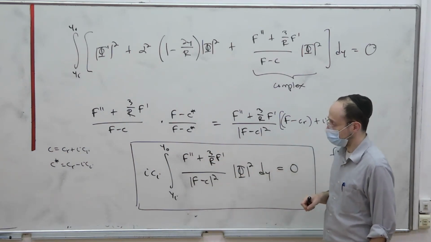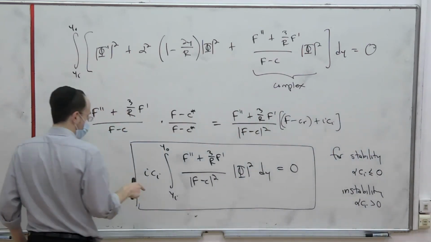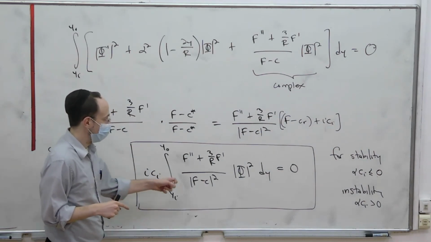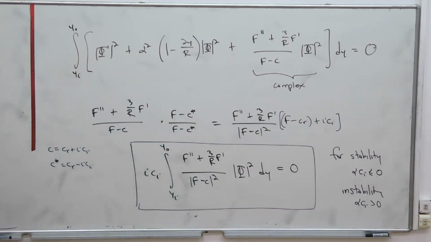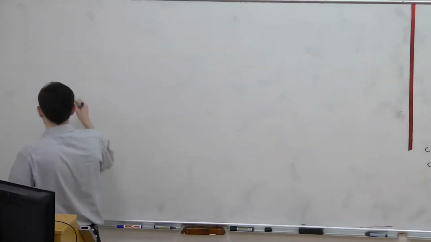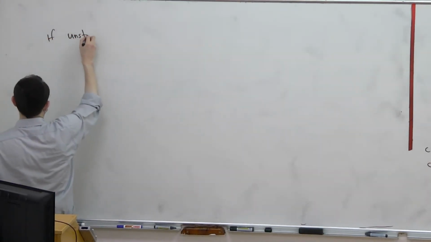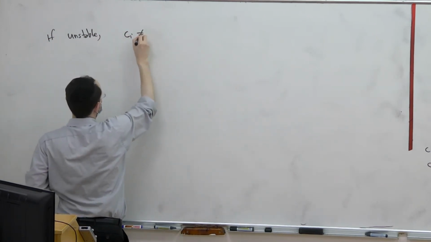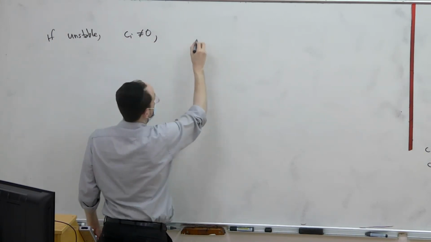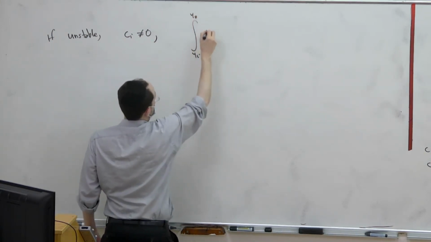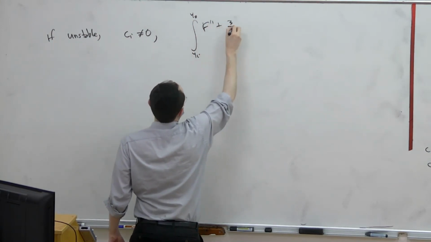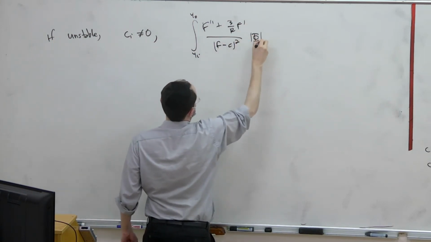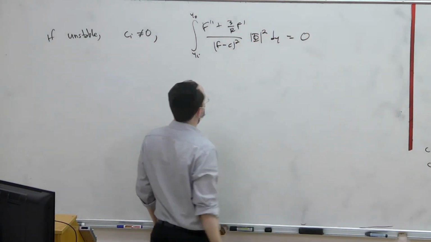So if the system is unstable, c_i is not equal to 0, and therefore this integral must be equal to 0.